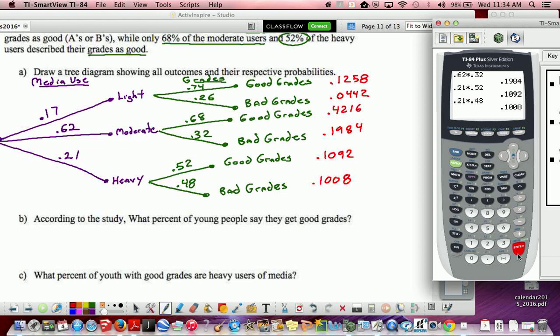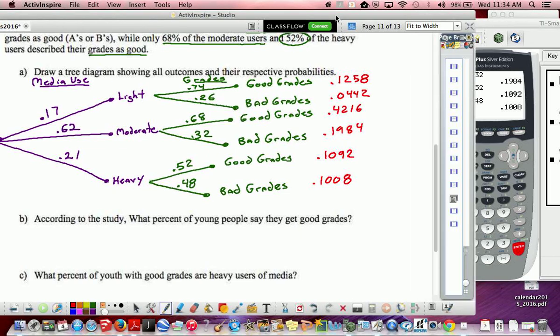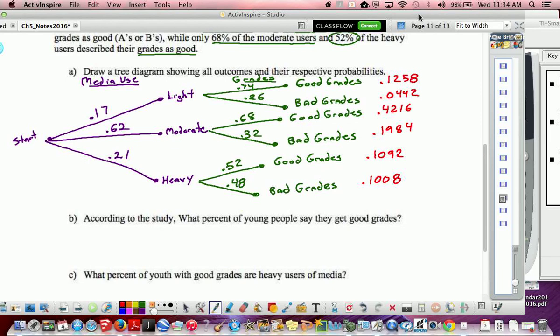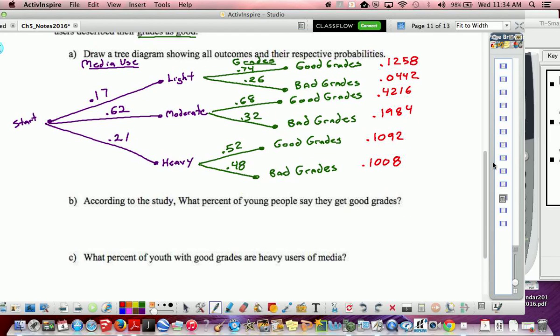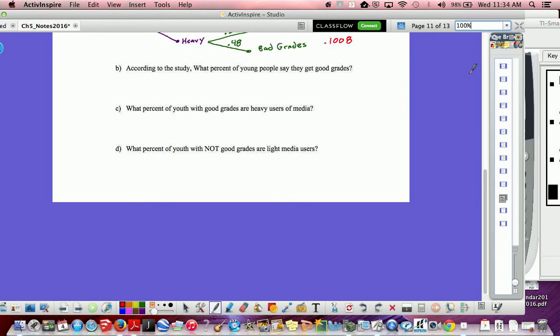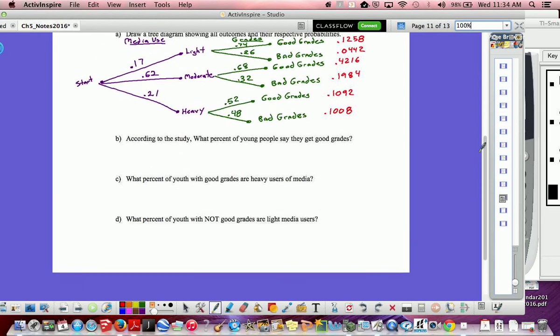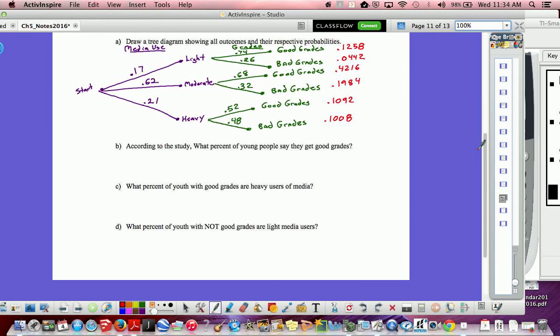I know I do. So, let's then use our tree diagram here, and I'm going to shrink this just a little bit so that I can still see the questions and my probabilities. So it says, according to the study, what percent of young people say they get good grades? So, it does say percent, so I'm going to calculate out probability first and then change it to a percent.